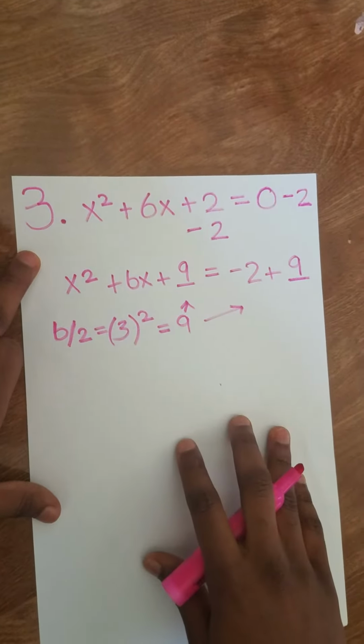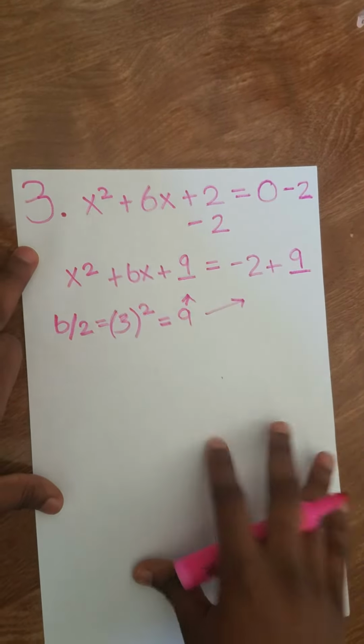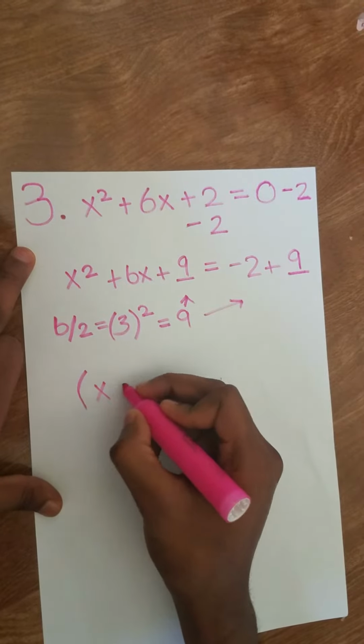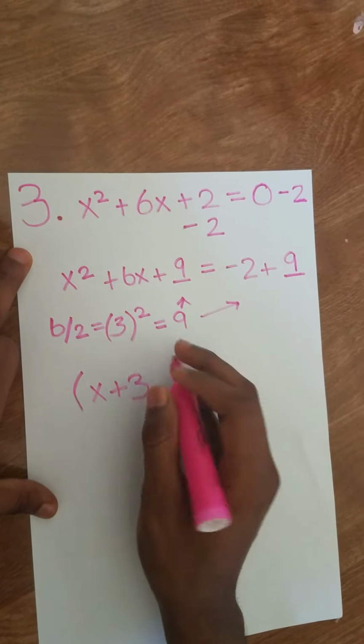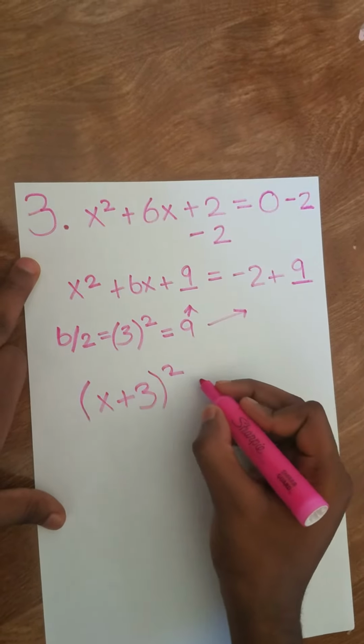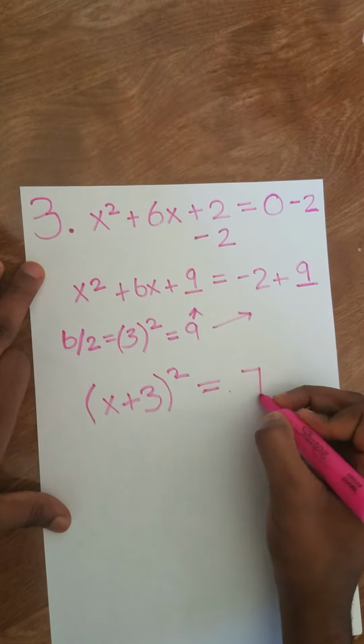Now what we have to do is take this trinomial and put it into a binomial. So we would take our parentheses, that would be x plus 3, because we have our 3 right here. And then that would be squared, which would equal 7.